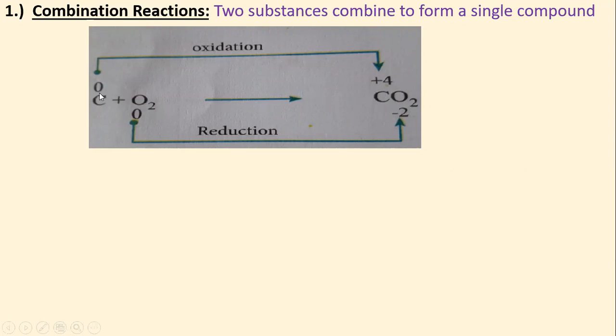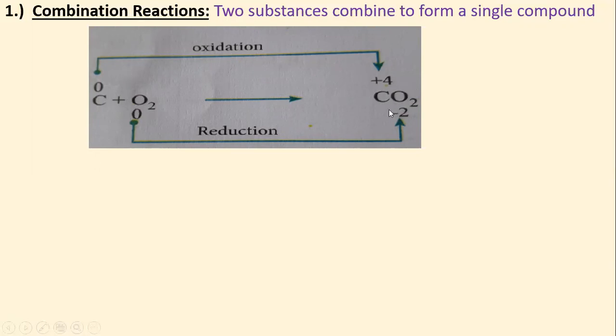Here just look at the oxidation state. We all know the element in its free state, or uncombined state, or elementary state, its oxidation state will be 0. Again the oxygen, because it's not combined with anything else, is present in the free state, so its oxidation state will be 0.